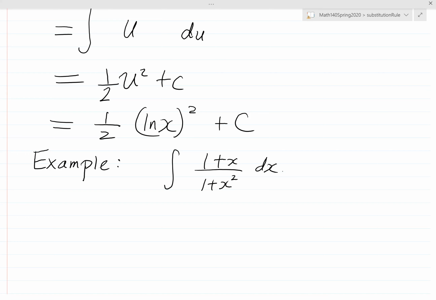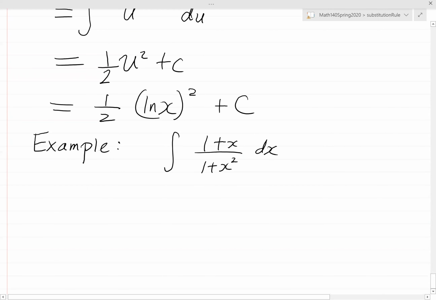Now for this example, what do we do? The denominator is 1 plus x squared and the numerator is 1 plus x. First of all, it's not in the antiderivative table.